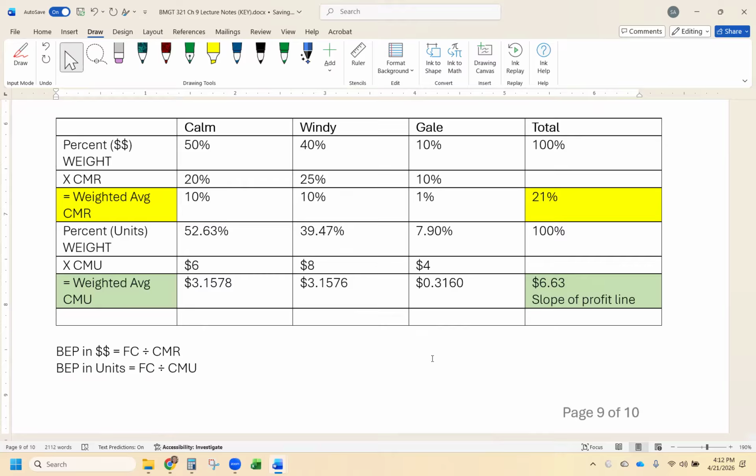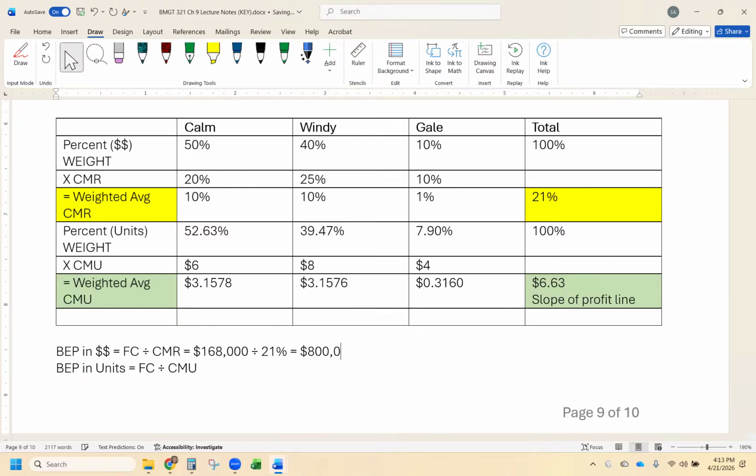Because we're doing a sales mix, we have to use our average CMR and average CMU to get those numbers. So for the dollars, it's 168,000 as our fixed cost divided by 0.21 or 21%. And I already got the answer.